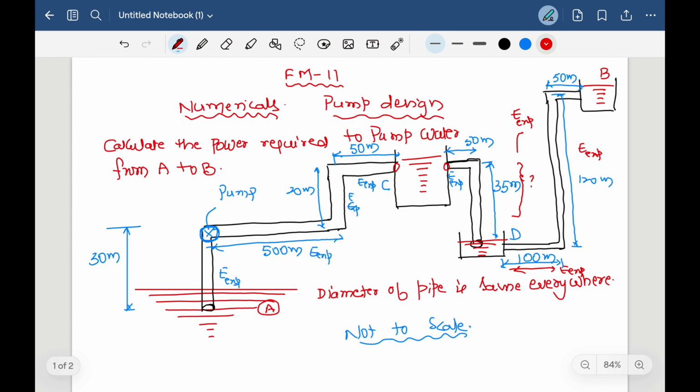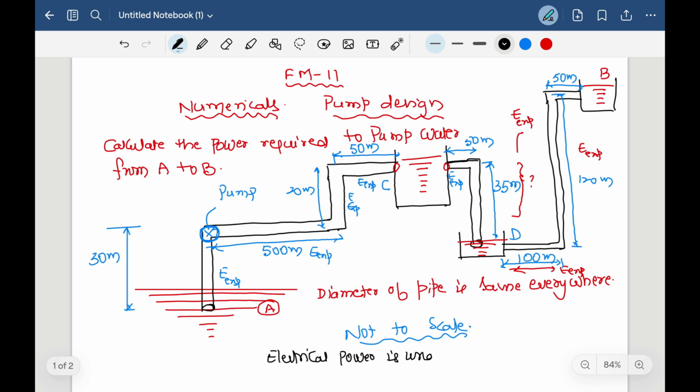I lift some item from ground to the top. Either I use some mechanical instruments to lift it, mechanical power, or I require an electrical power. Now let us say, here everywhere electrical power is used. First assumption we are making is electrical power is used.